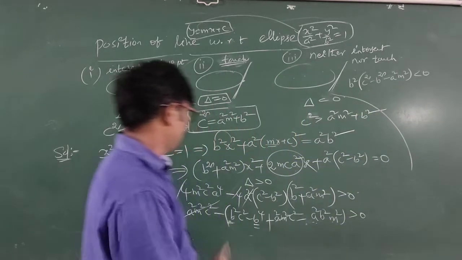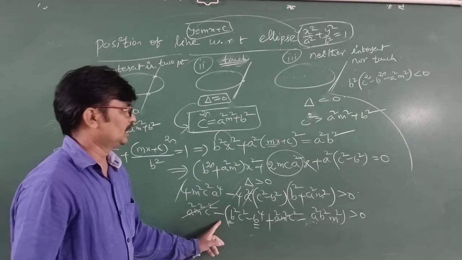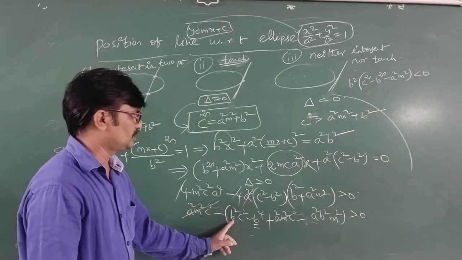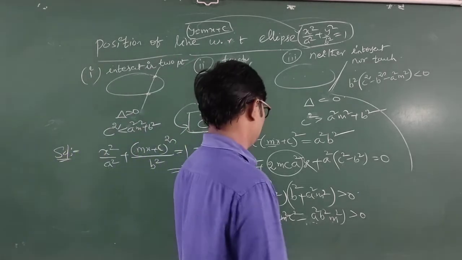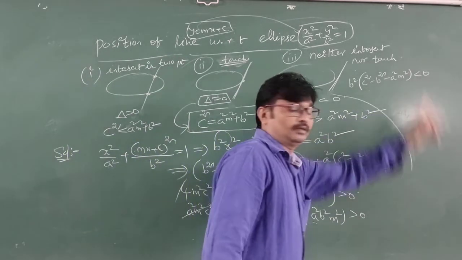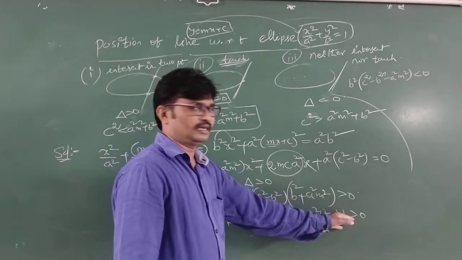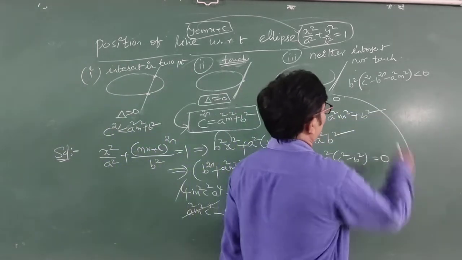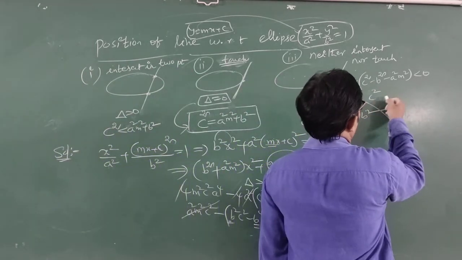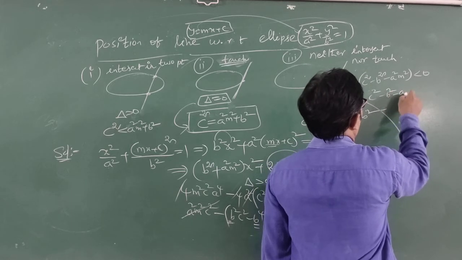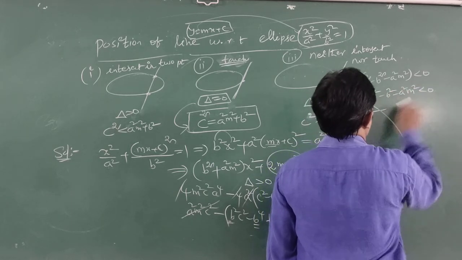Okay students, when you multiply with minus and we take b square as common, the greater than will become less than. When we multiply with minus, the greater than becomes less than. So students, c square minus b square minus a square m square is less than 0.